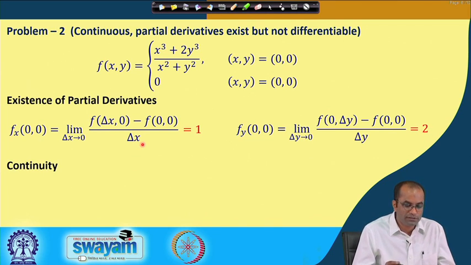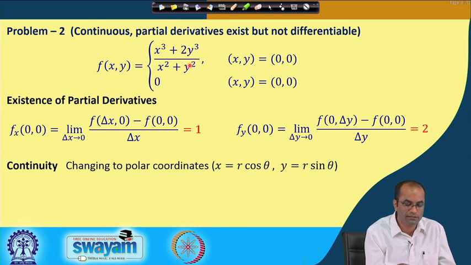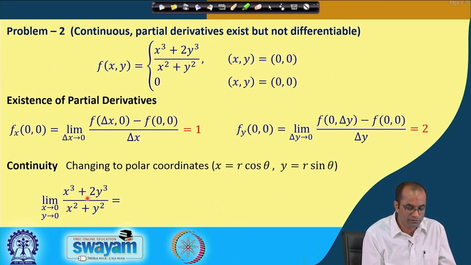Now, coming to the continuity of this function, again it is simple and we can show it by changing to polar coordinates, x = r cos θ, y = r sin θ. It is easy to see that this will be an r squared term here and we will get r cubed from there, also r cubed from there.